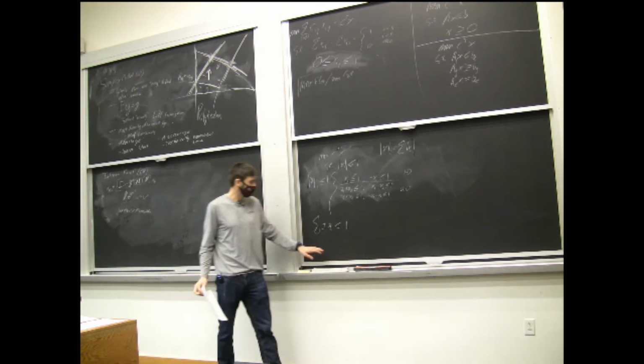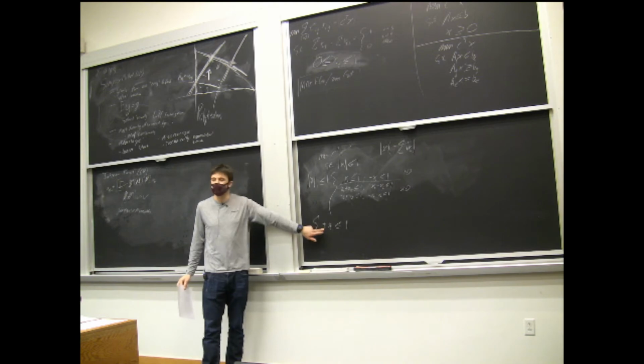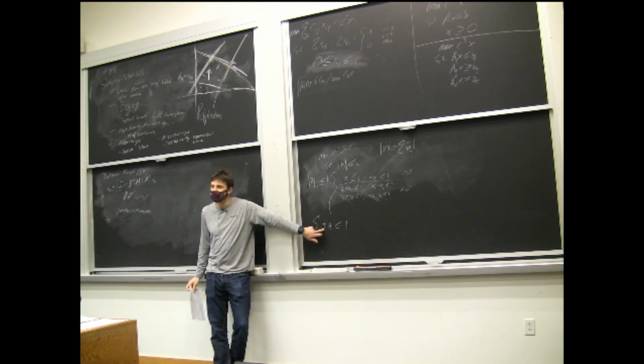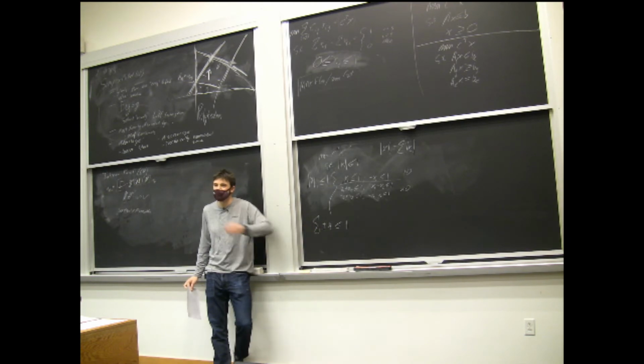I'm going to need every combination of signs of the xi's summed to be less than 1.